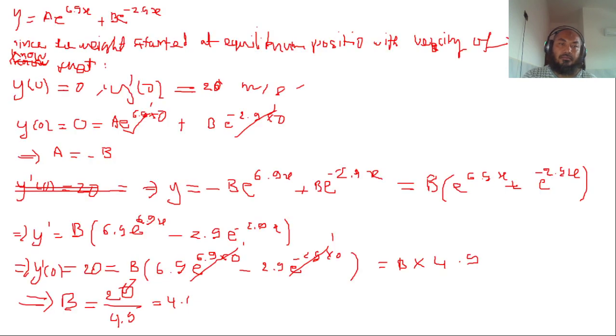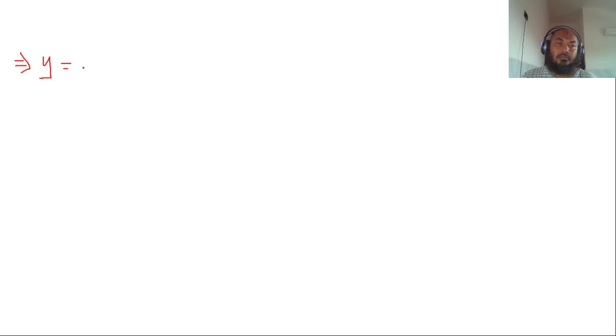So our equation is equal to 2.04 times (e^(6.9x) minus e^(minus 2.9x)).